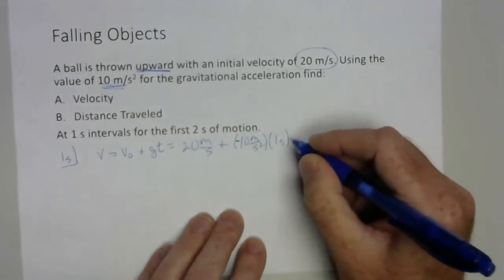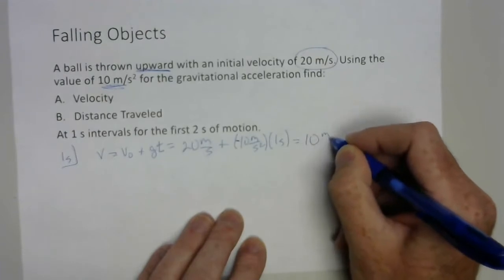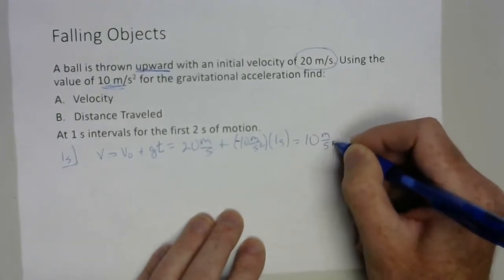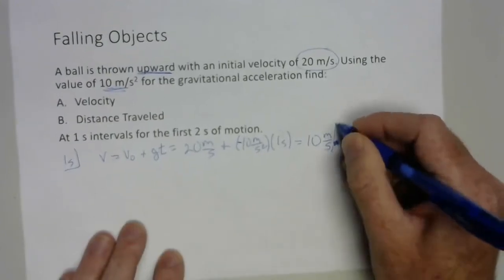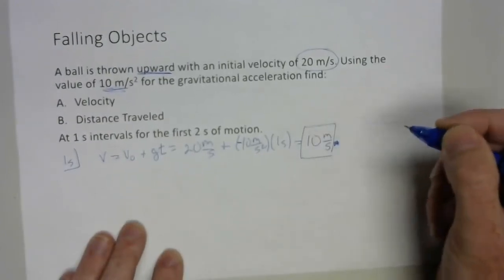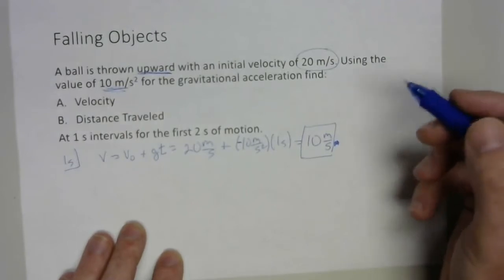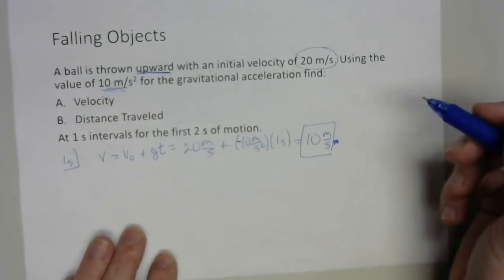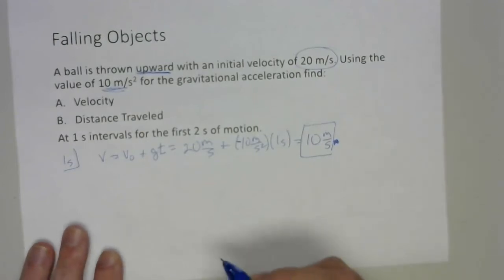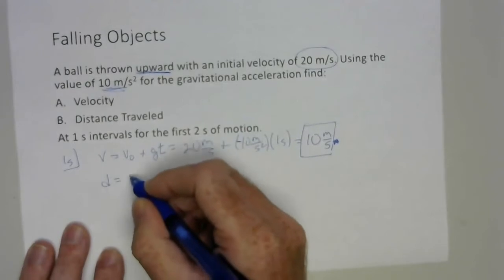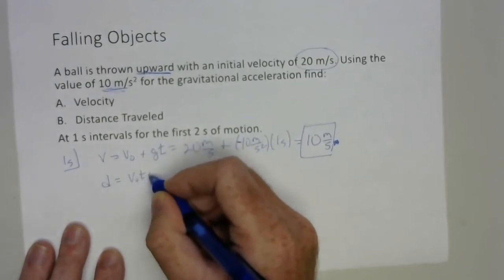So now I'm only going 10 meters per second, because the acceleration is in the direction opposite the initial velocity, and therefore it's going to slow down as a function of time until it reaches its peak. The distance traveled won't be as much as in the initial problem.